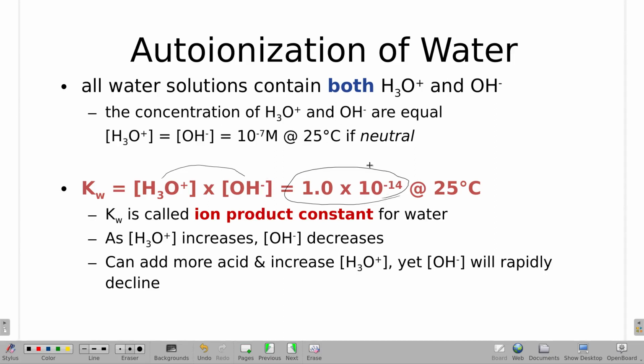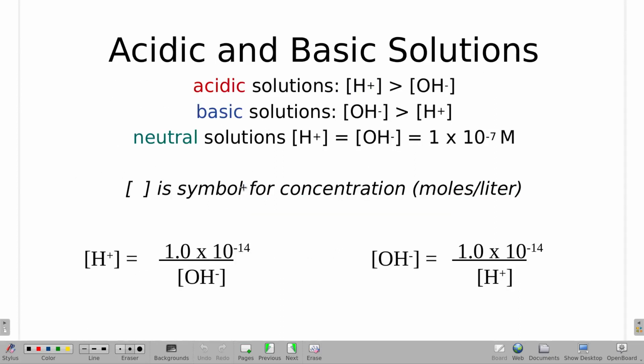So if I give you an H3O concentration, we'll always be able to solve for the OH, or vice versa. So if I were to say, I want you to calculate the H3O concentration from an OH concentration, we're just going to plug it in this equation and solve for it. Now, brackets there do mean concentration, so we are talking about moles per liter always on this.